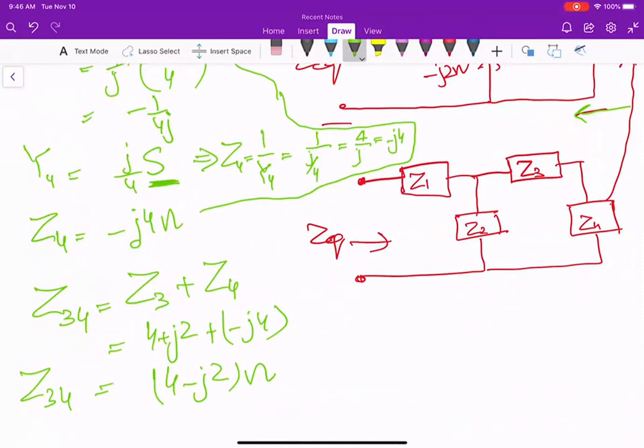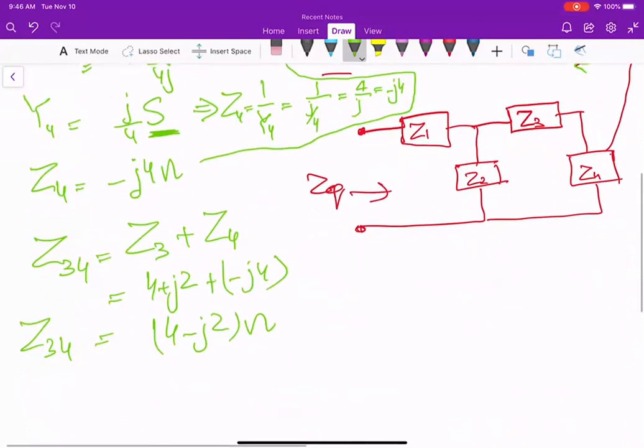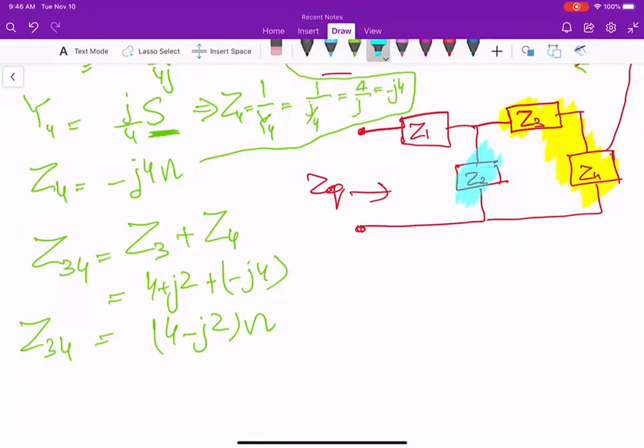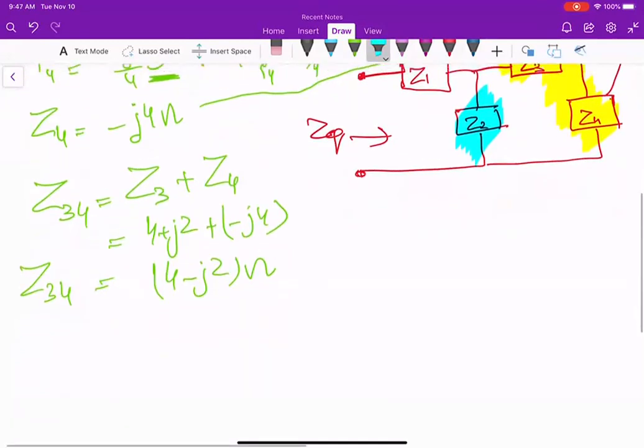So we have Z34. Now we can see that this total thing, Z34, is in parallel with this Z2. So we will convert them into the admittance form. First we will find Y34, which will be 1 over 4 minus j2.